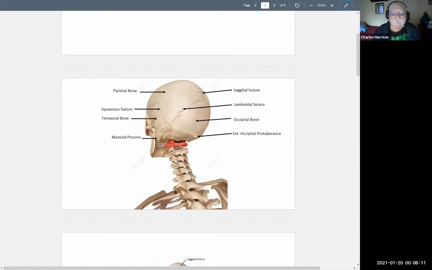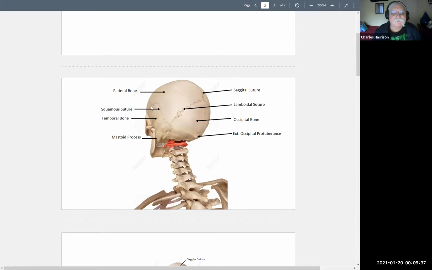Following the sagittal suture back, now it's turning two ways into two lambdoidal sutures. This is the lambdoidal suture. It comes down behind the ear and then up over the ear by way of the squamosal suture.